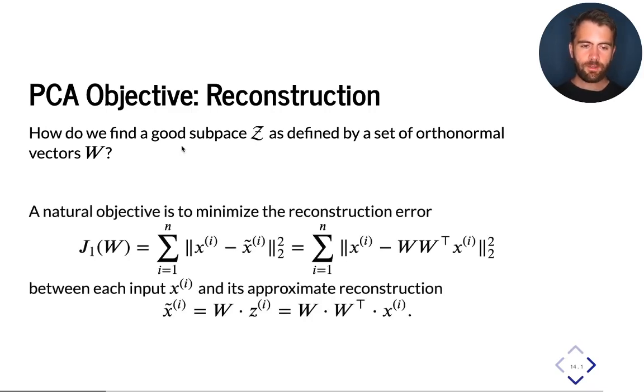Well, the reconstruction view of PCA says that a good objective to minimize is the difference between each point and its closest approximation within this low-dimensional space that we have defined.